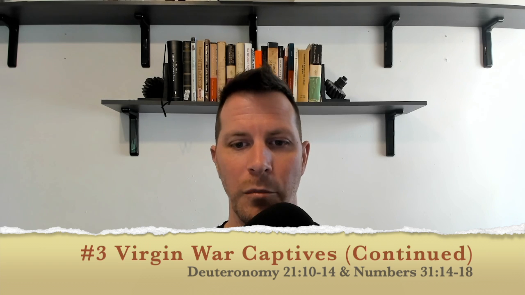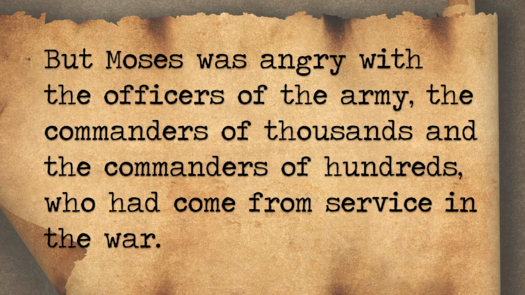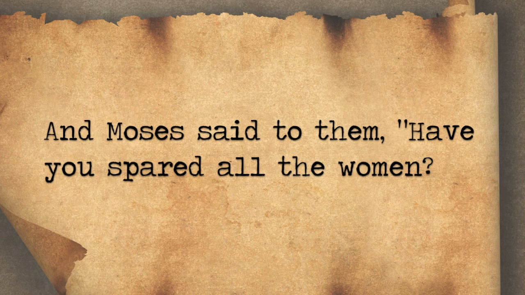Our next one comes from Numbers 31:14 through 18, and this is still referring to captive virgins. "But Moses was angry with the officers of the army, the commanders of thousands and the commanders of hundreds, who had come from service in the war. And Moses said to them, 'Have you spared all the women?